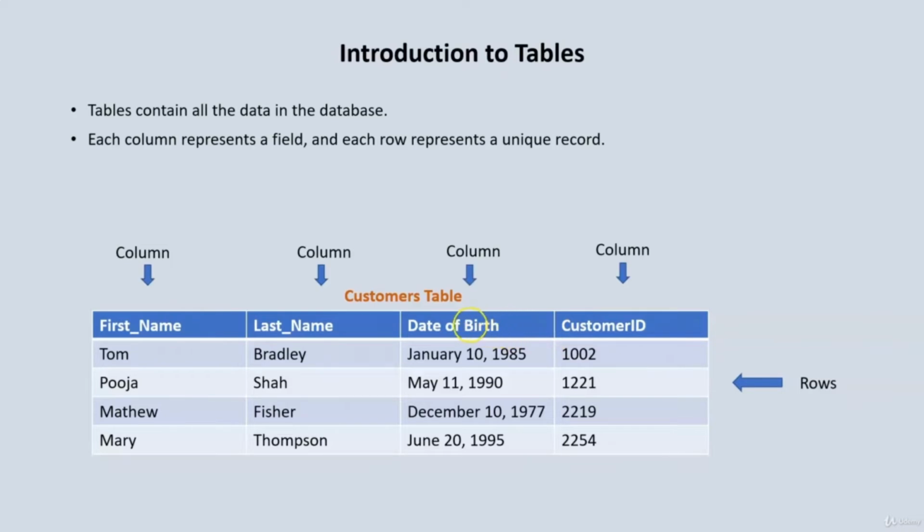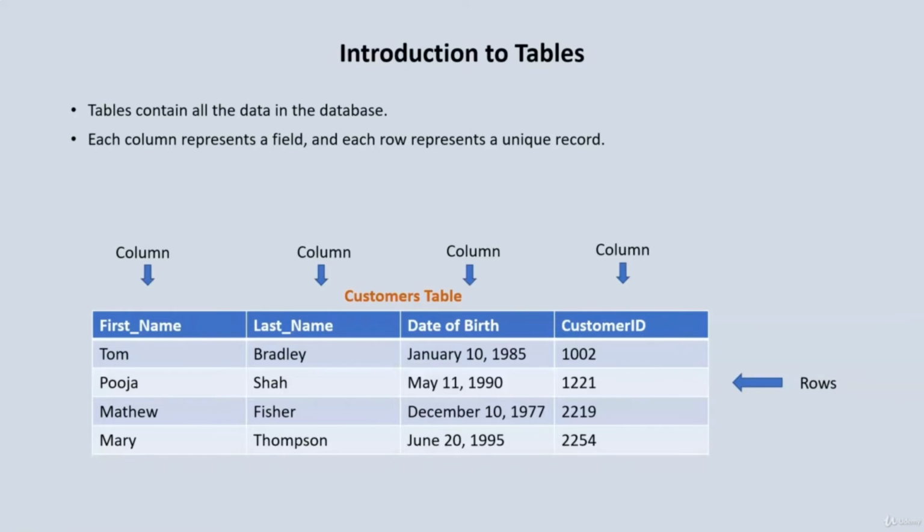So this is a date data type. If we look at the customer ID, this contains integers, all numbers. So 1002, 1221, 2219, 2254. So this is a numeric data type. So having our data inside of a table helps us to achieve structure and efficiency with our data.